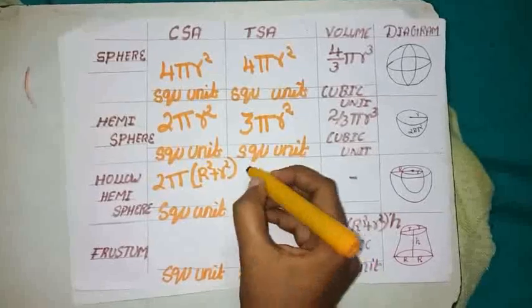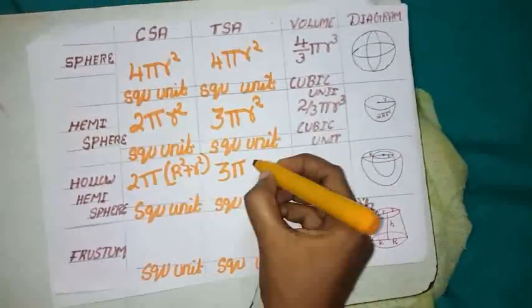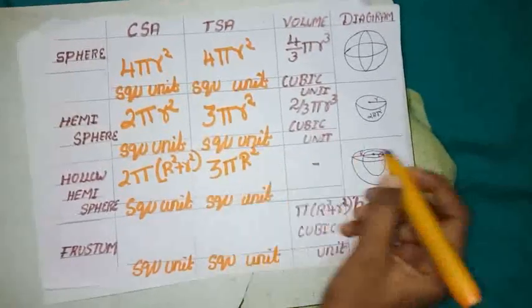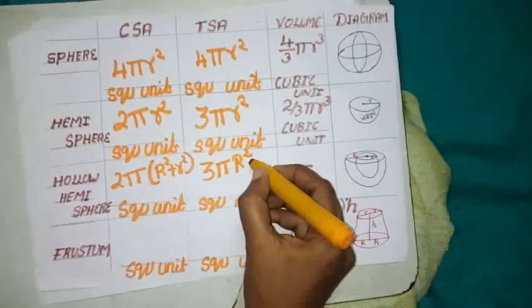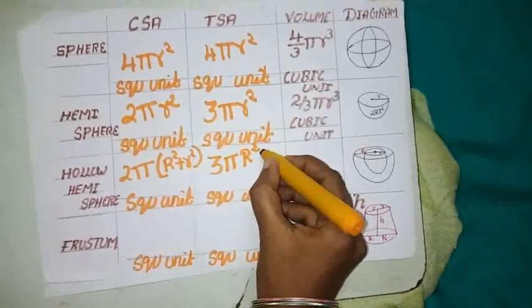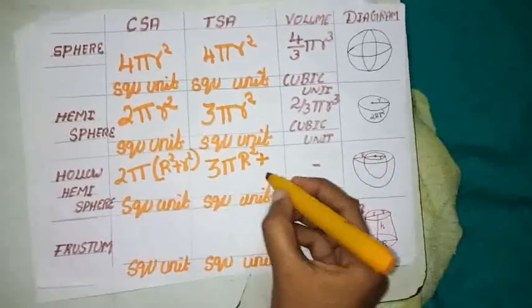What changes means? I'll write this small r square now as caps R square, because the outer layer is caps R square, plus the inner side is pi r square.